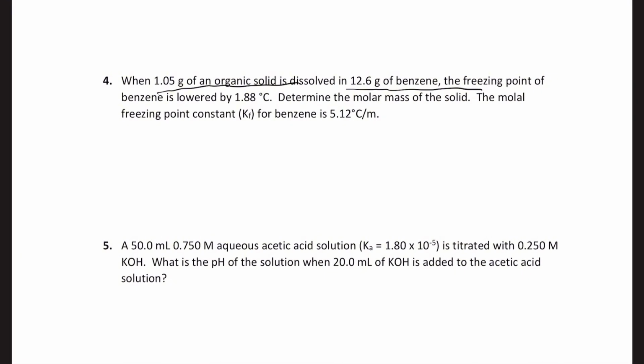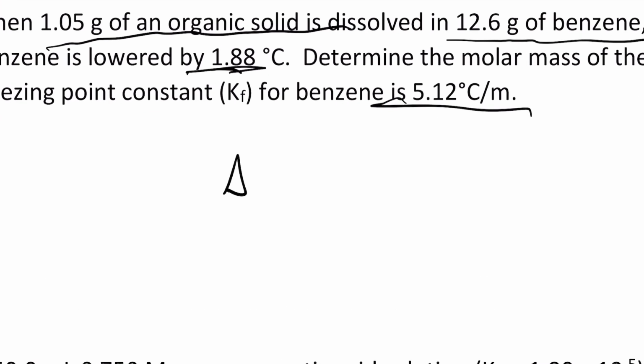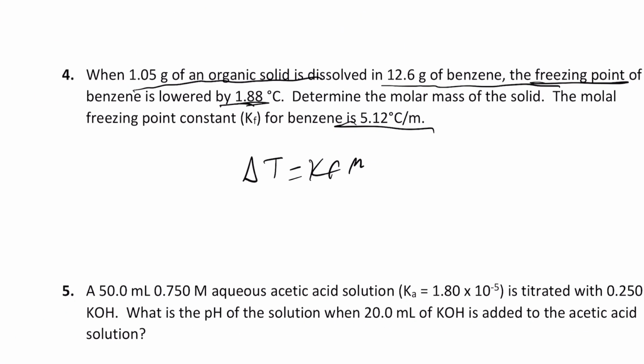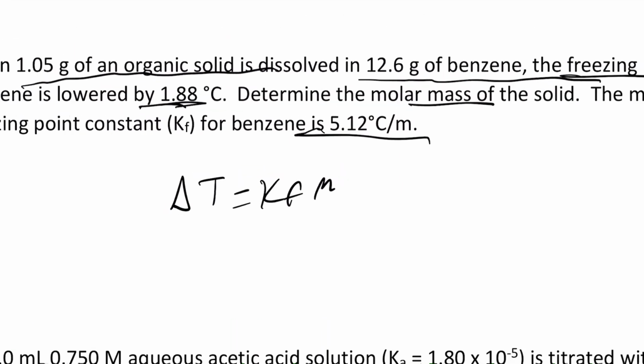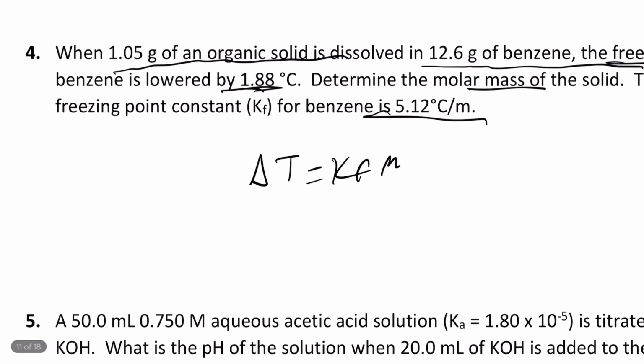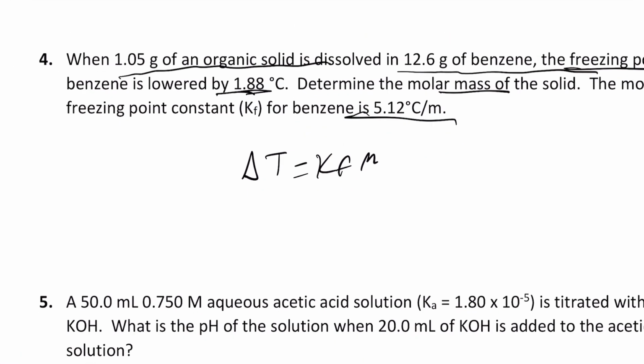So anyways, we've got the freezing point here. You've got the change in temperature, so it's simply delta T equals Kf times m, molality. All right, so you need to figure out the molar mass. That means you need moles. You already have grams, you just need moles. I could do this 2 ways, but I'm going to do it the more understanding way.